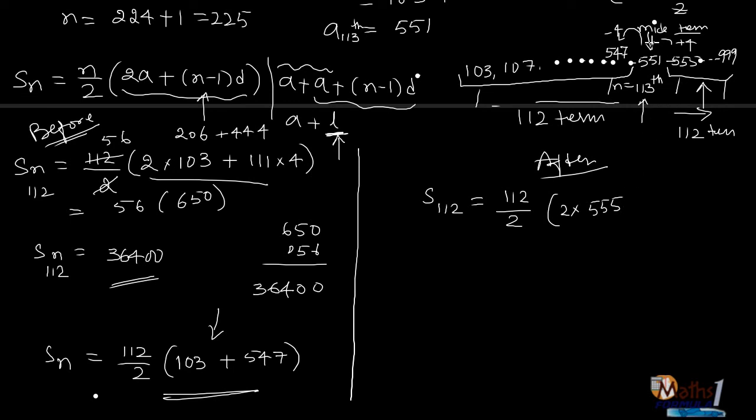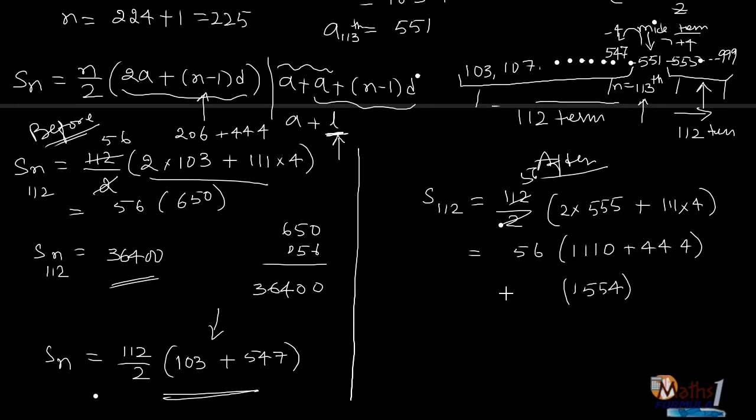How did we get it? By adding the common difference 4 to the next one. Then plus, 112 minus 1 is 111. It will be the same as before. Here this will be 56 multiplied by 1110 plus 444. So this is actually going to be 1554 multiplied by 56.